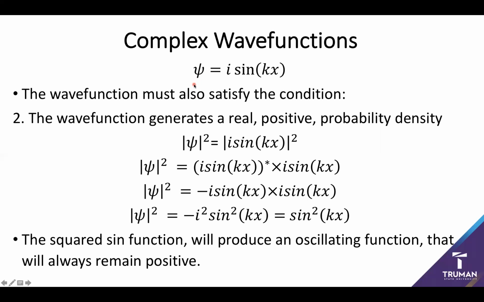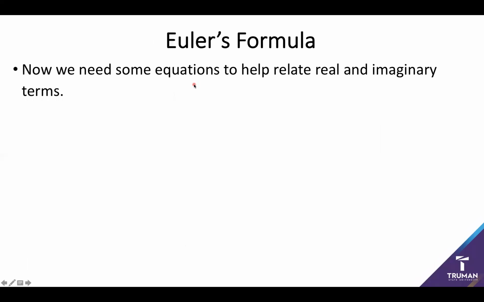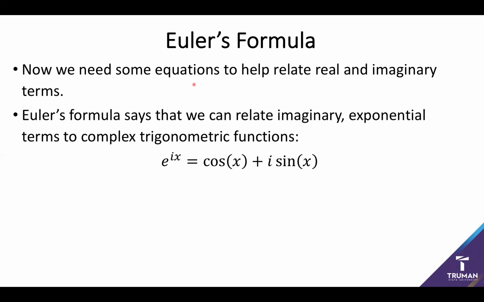However, we're now playing around with imaginary numbers, so we're going to need a couple of extra equations to help us out here. One of the classic equations that we go to when trying to manage imaginary numbers is Euler's formula.